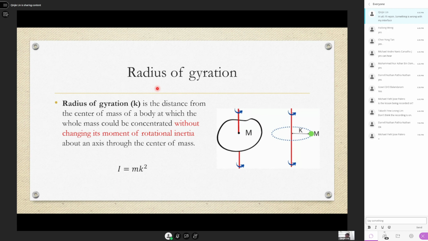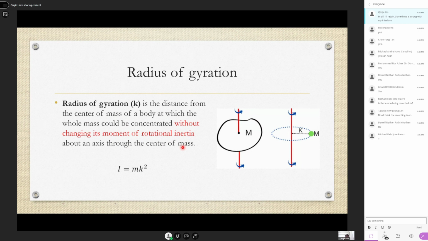You just need to know the definition. If they ask you to find it, or if you are given this, you know it has to do with the moment of inertia. The radius of gyration is the distance from the center of mass of a body at which the whole mass will be concentrated without changing the moment of inertia.